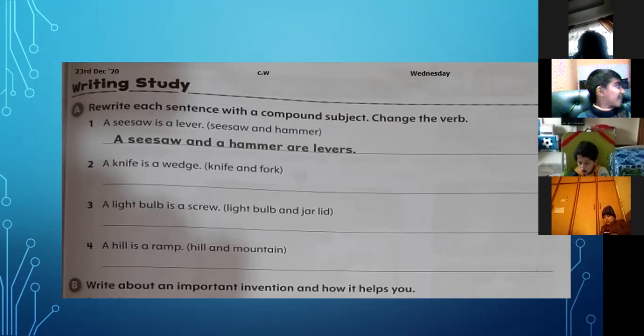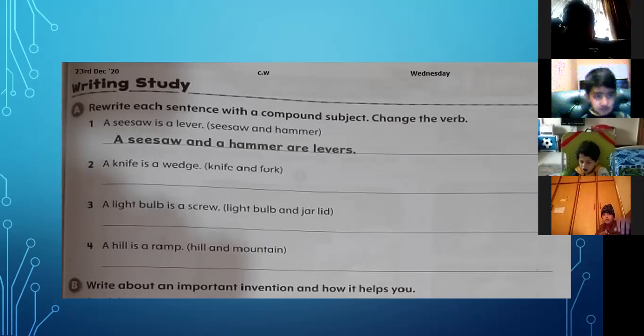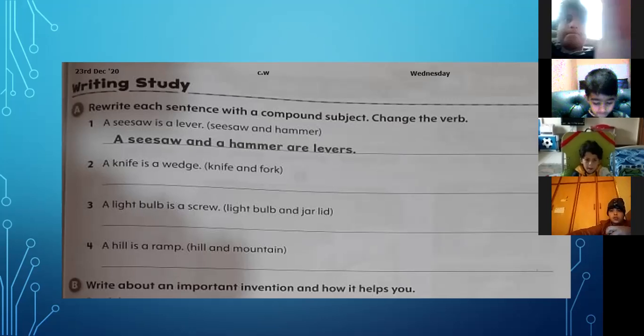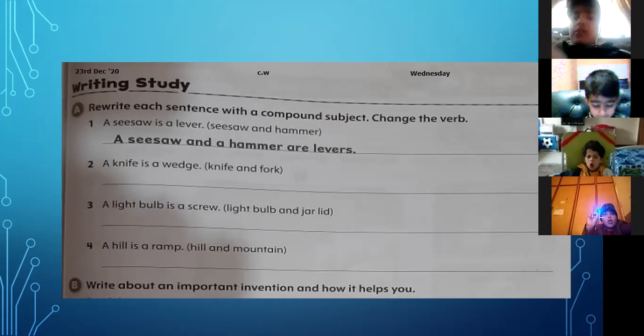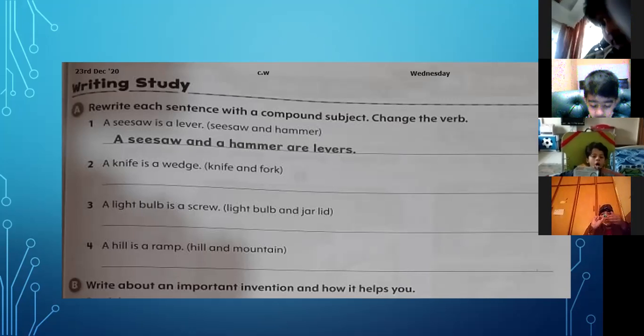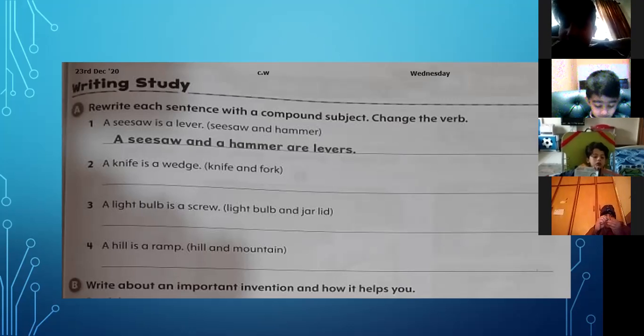Look at the first sentence, all of you, please, on the slide. The first sentence is, a seesaw is a lever. The bracket words given to you are seesaw and hammer. So you have to make a sentence using the words seesaw and hammer both.